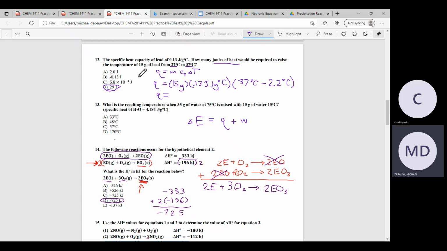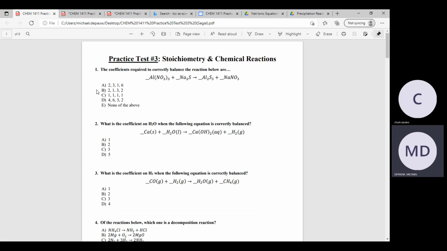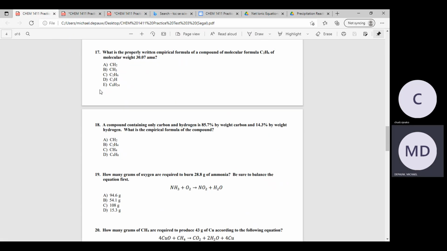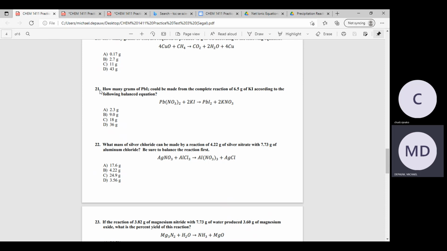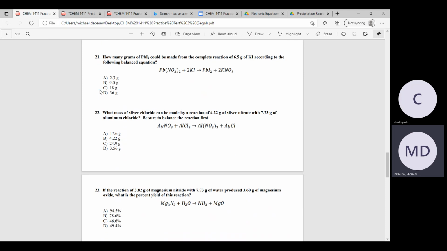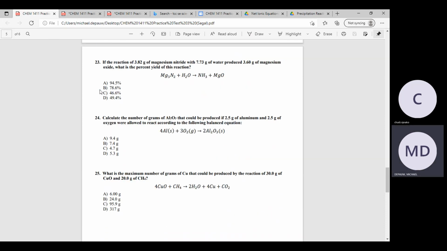Limiting reactants? Reagents? Okay. Limiting reagents. So let's go ahead and tap into that. We'll skip over to practice test number 3. There's a good limiting reagents problem in here somewhere. Here we go.